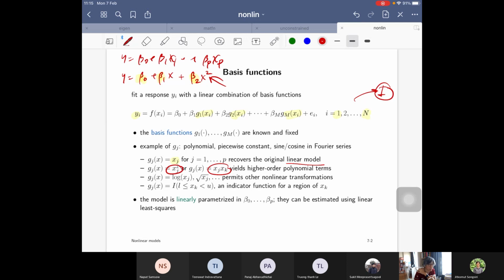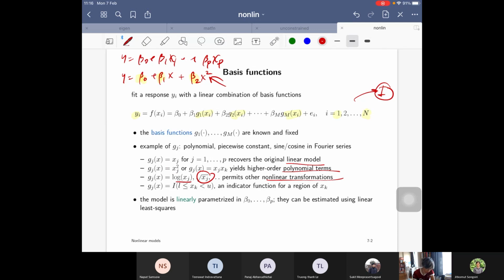Of course, these will give you a polynomial function with the crossing term, the interaction term. Other examples of nonlinear functions can be the log function, log of predictor x_j, or the square root function. So these represent some examples of nonlinear transformations.